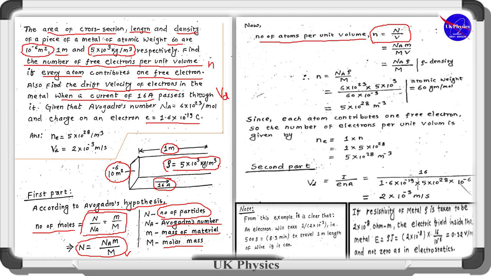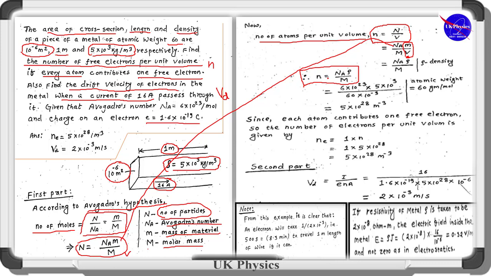Putting the value of N as we have calculated here, Na m upon M, capital M, and this V as it is. So finally we have this expression, because m by V is the bulk density of the material, simply the mass density, you can suppose. So this is our final expression for atomic density first.